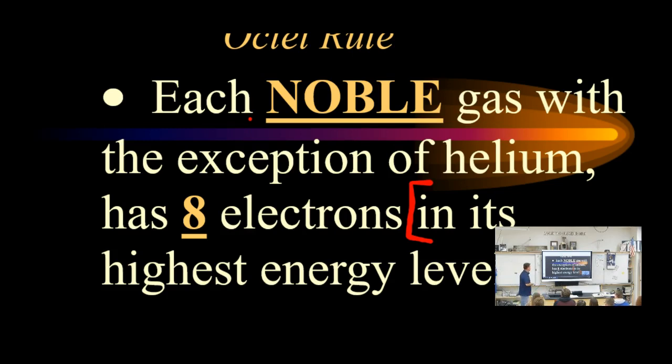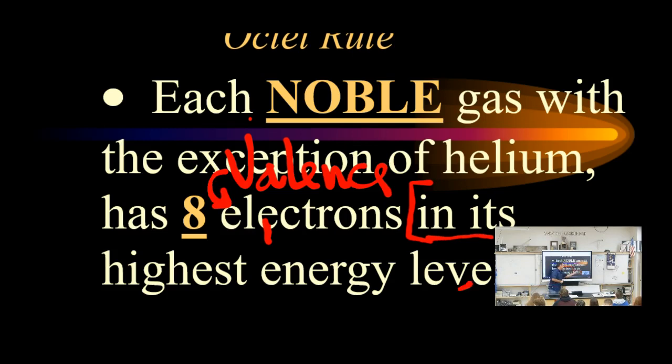Valence electrons. Each noble gas, with the exception of helium, has 8 valence electrons. Because remember, valence electrons means in its highest energy level.